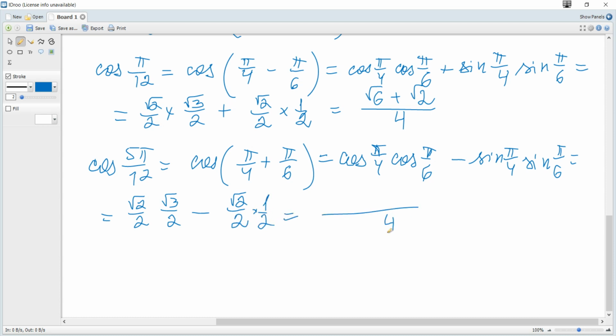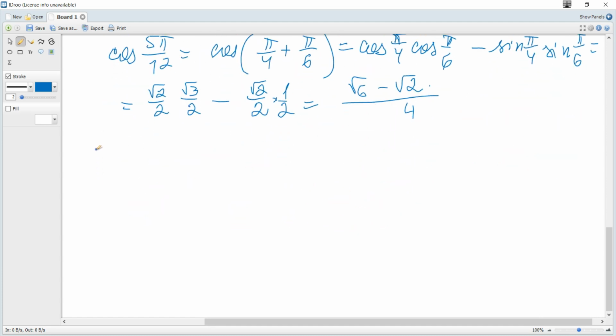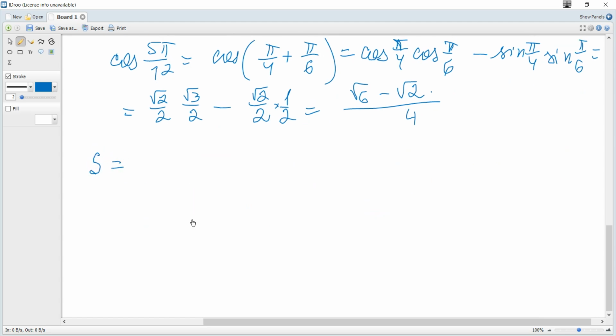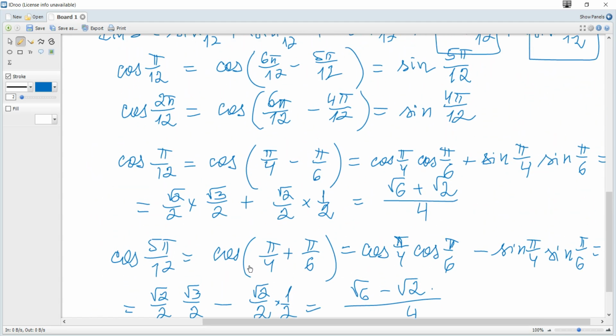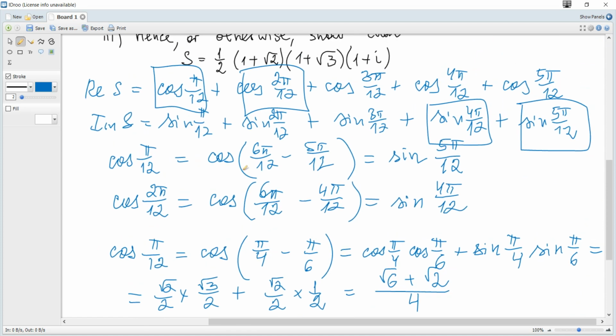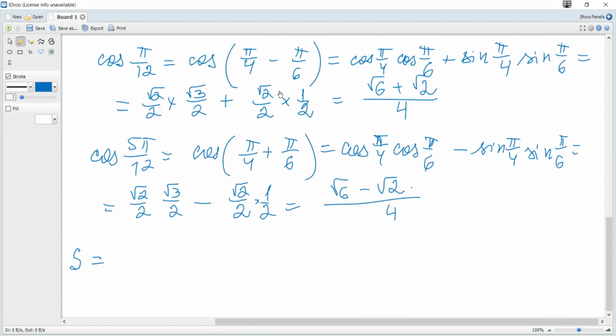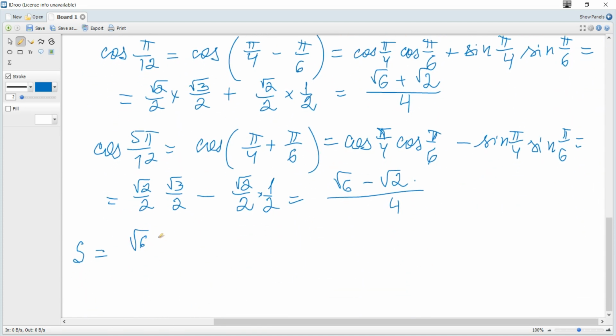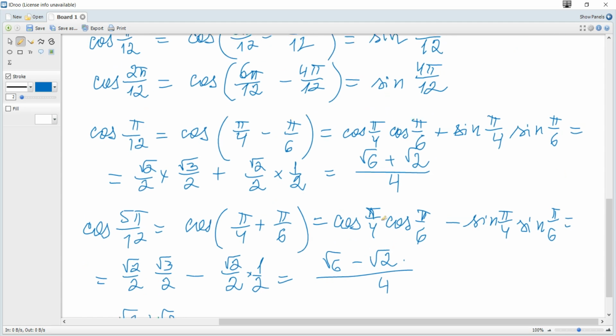The common denominator is 4 and it's root 6 minus root 2 over 4.